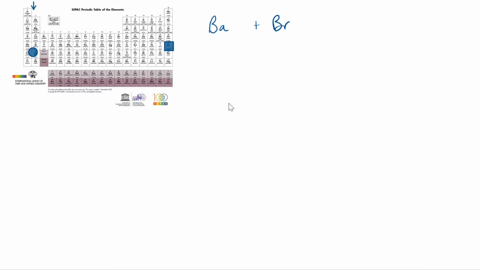So its Lewis dot structure for barium is going to look like barium with 2 dots around it for its valence electrons.